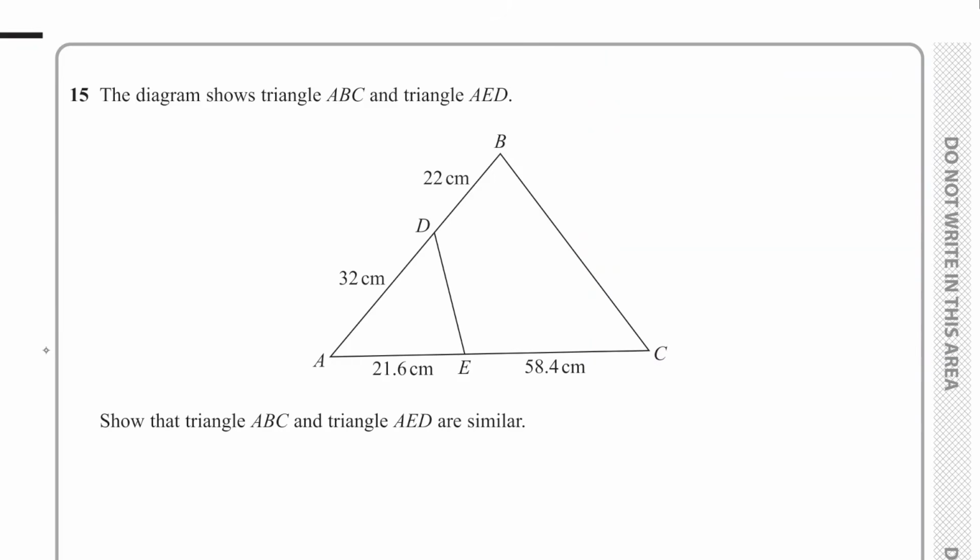It doesn't quite look like they're similar shapes, and that's because they both share this angle A, but the longest length of the small triangle is the 32, and the longest length of the bigger one is A to C. So those two go together.